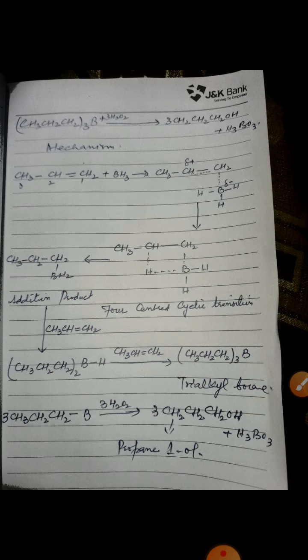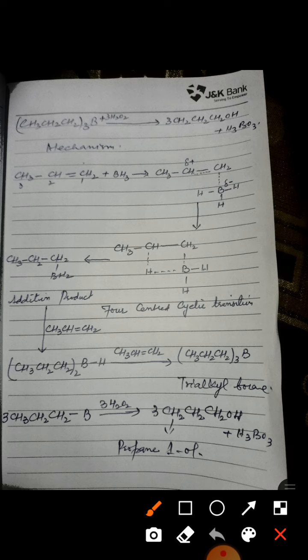So this pi electrons between these two carbon atoms, this pi electron starts to develop the positive charge at this carbon number 2, and this BH3 starts making the bond with this terminal carbon atom, BH3 having slightly negative charge.